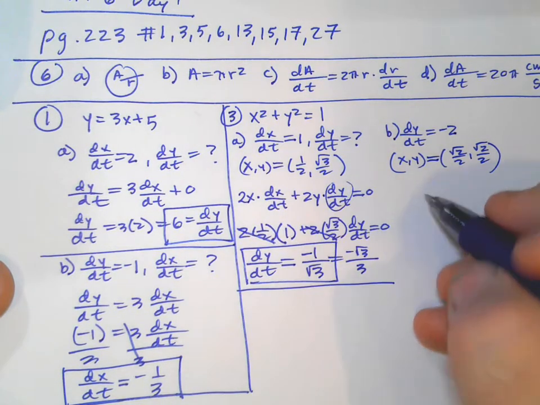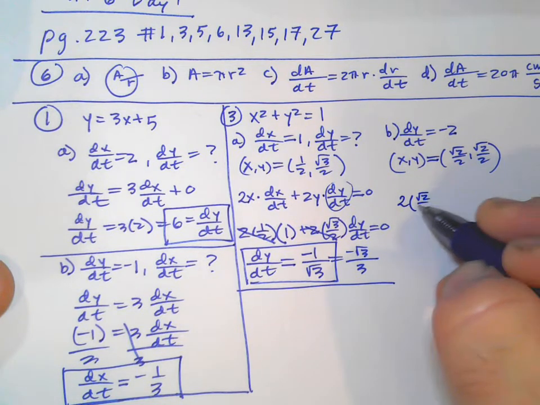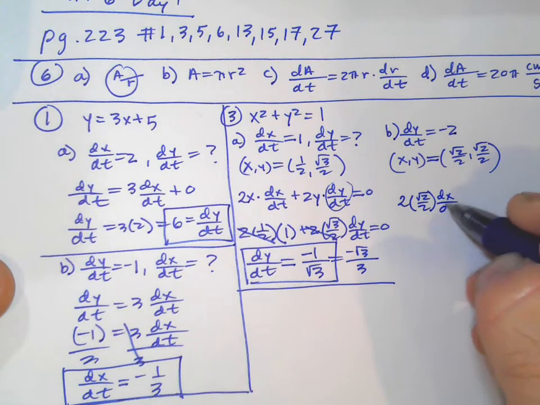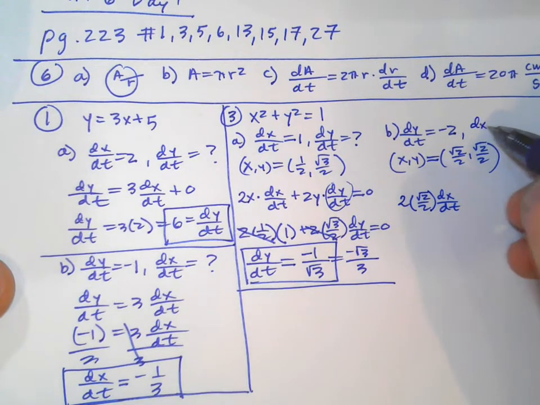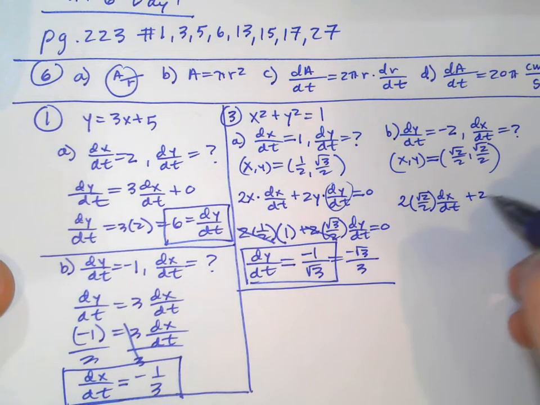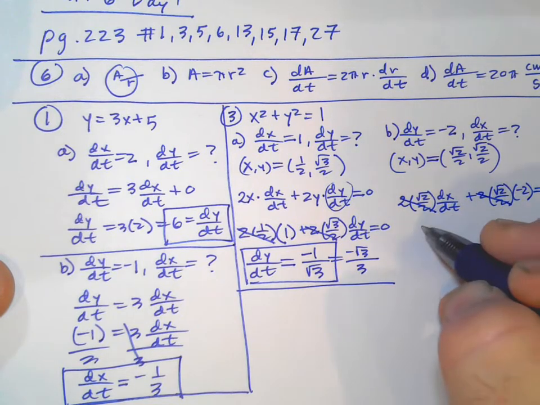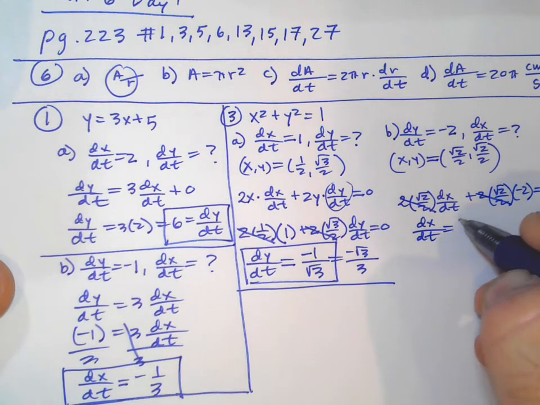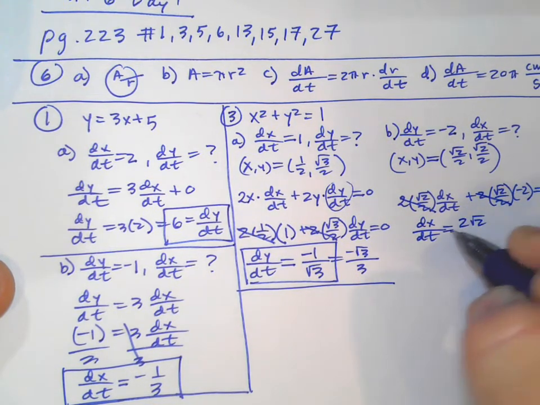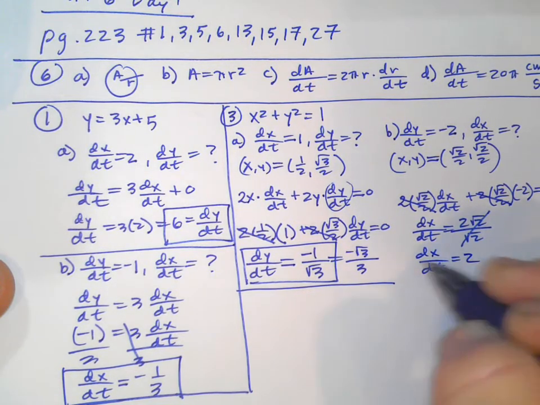Now it's the same derivative, so I think it'd be fine to just jump right into that. 2 times x, which is √2/2, times dx/dt, which is what we're looking for, plus 2 times y, which is √2/2, times dy/dt, which was -2, equals 0. The 2's cancel. So we get dx/dt equals positive 2√2 when you add it to the other side, and then divide by √2. And we get dx/dt equals 2.